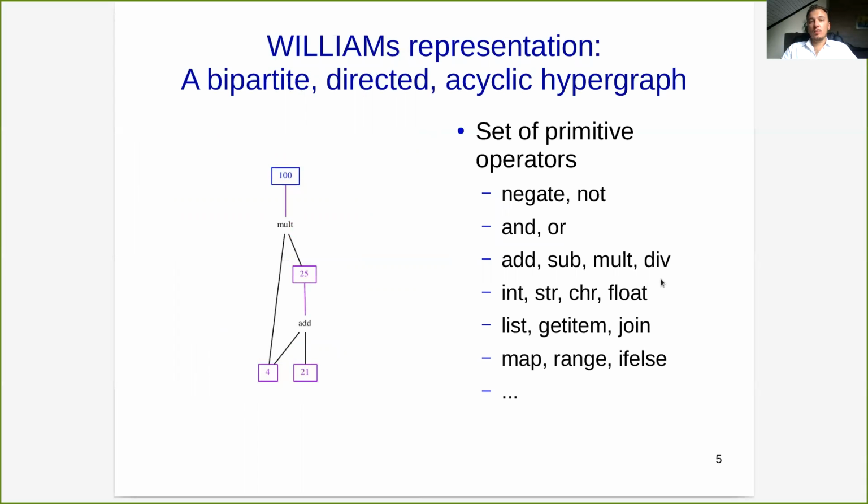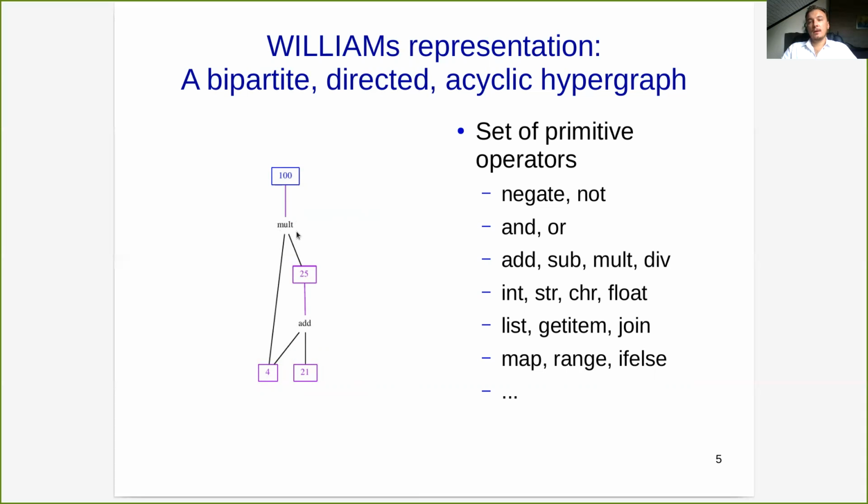The way William works is in the following way. We don't, of course, work with binary strings. We have all sorts of data types: integers, strings, arrays, lists, and so on. Those data types can live inside nodes, which are called value nodes, and they're connected by operator nodes.